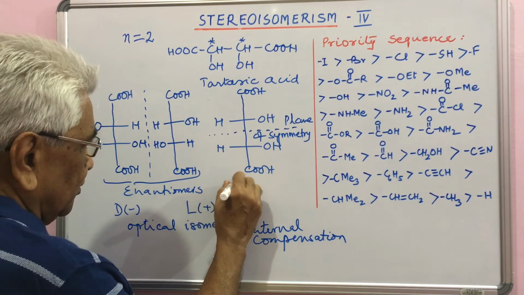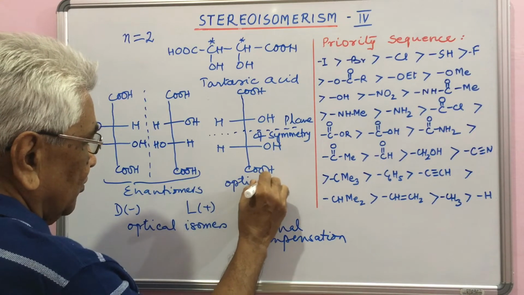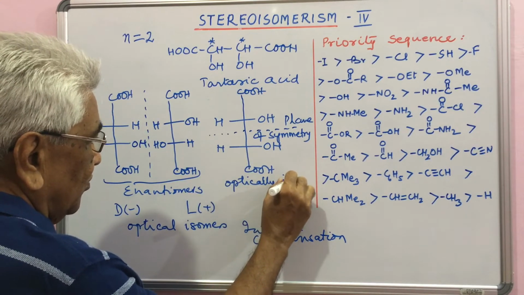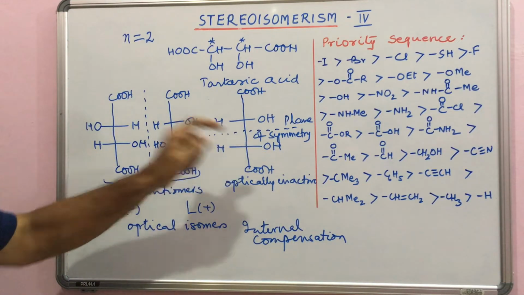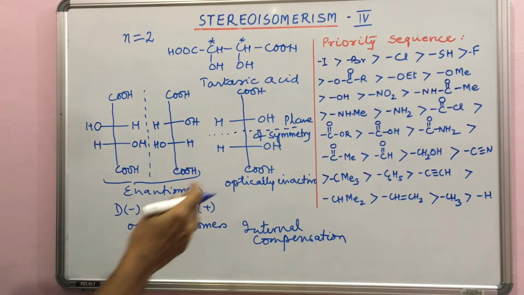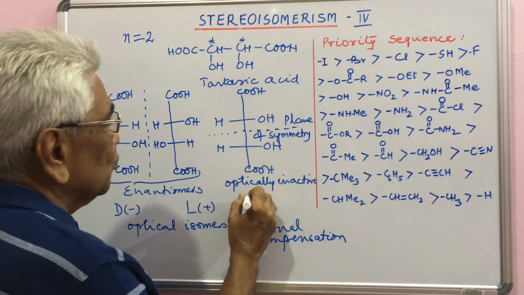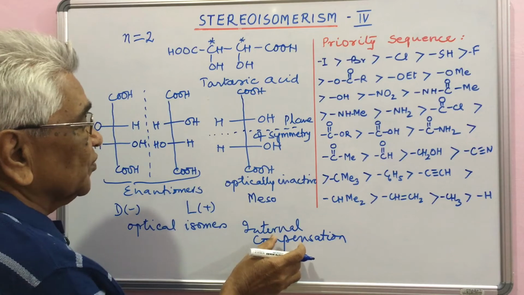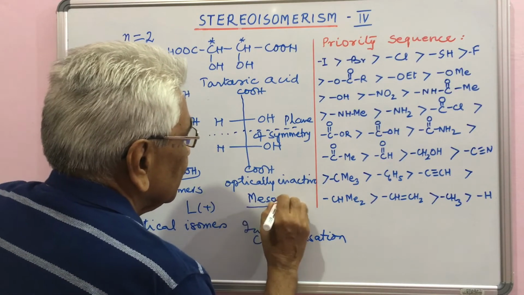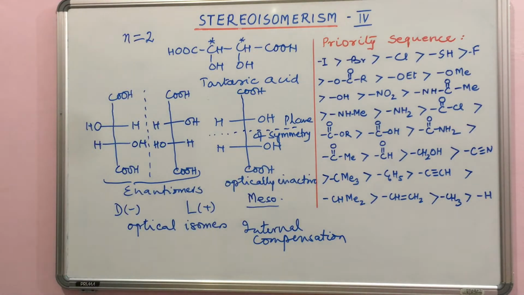This is optically inactive. Stereoisomer it is, but not optically active. It is known as meso. This compensation is given the term meso tartaric acid.